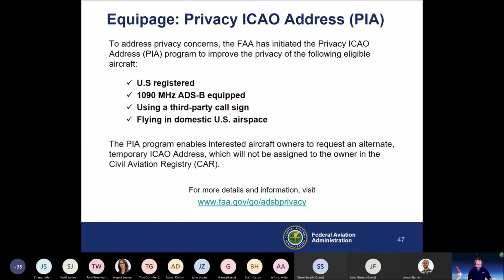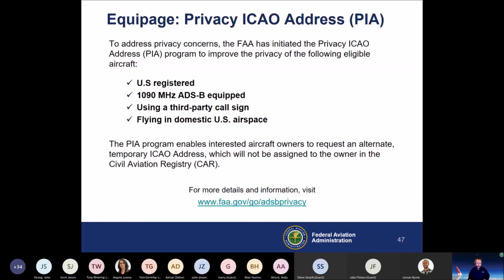Okay, and then finally for privacy, this is kind of an interesting thing. We did have a lot of users out there led by the NBAA, the National Business Aviation Association, who said, we really don't want, my customers don't want to be tracked.